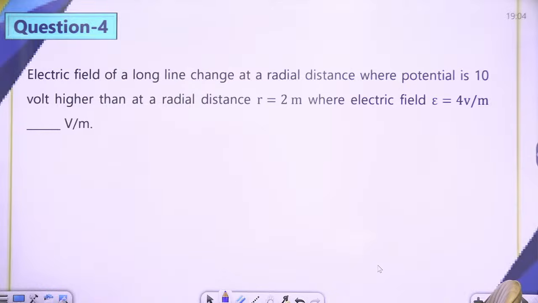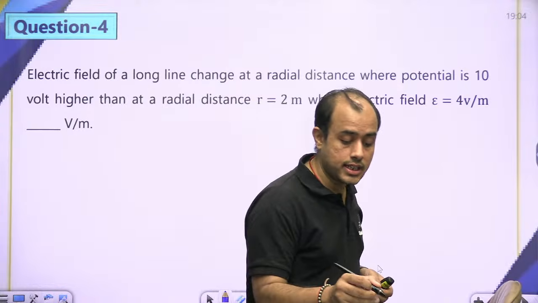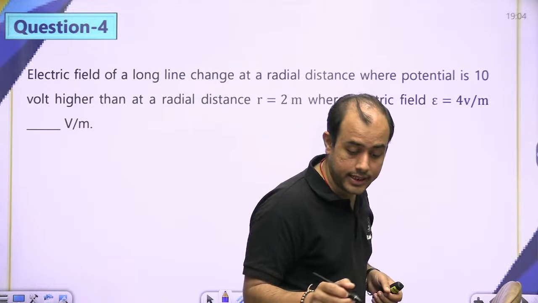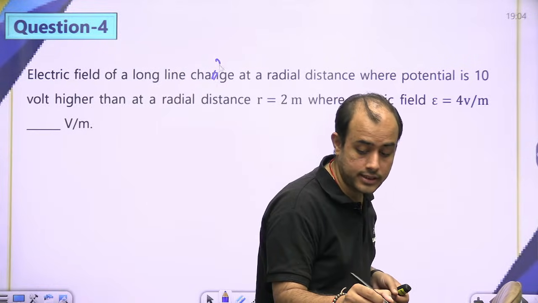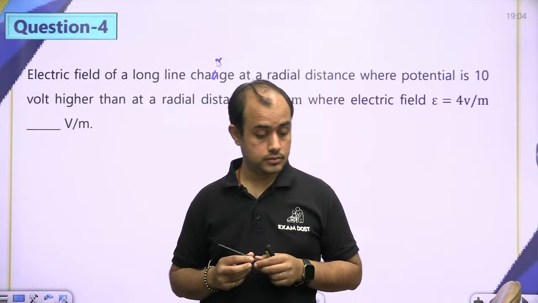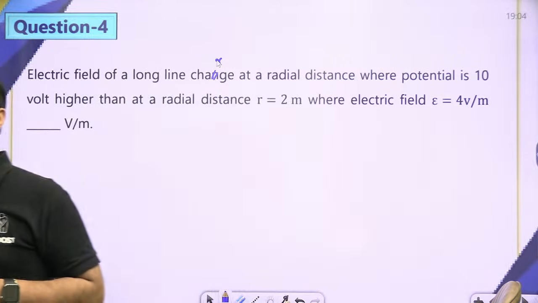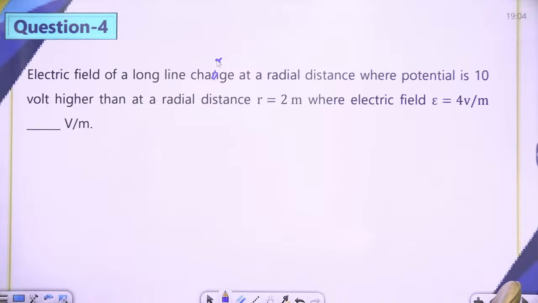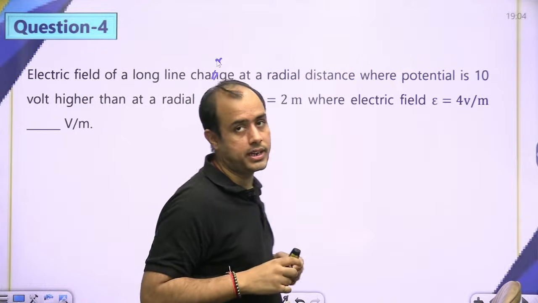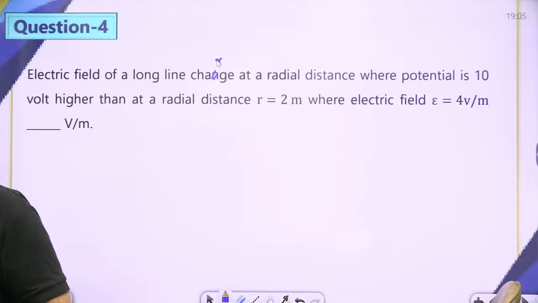Electric field of a long line charge at a radial distance where potential is 10 volt is higher than at a radial distance 2, where electric field is 4. तो ये पूछ रहा है ऐसे पॉइंट पे इलेक्ट्रिक फील्ड बताओ जहां पोटेंशियल 10 वोल्ट ज्यादा आता है एज कंपेयर टू 2 मीटर, जहां पे इलेक्ट्रिक फील्ड है 4.